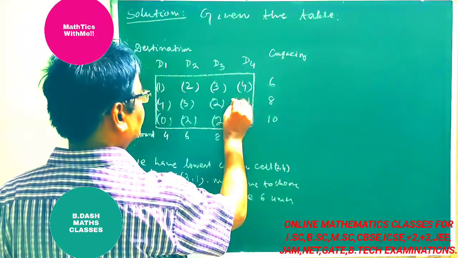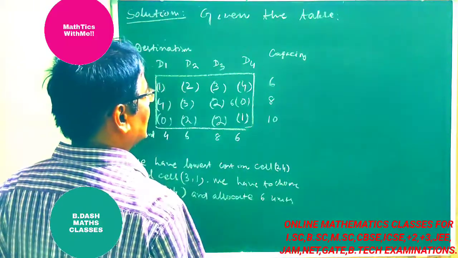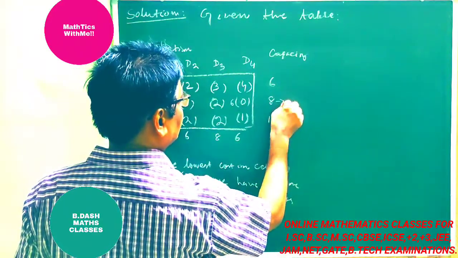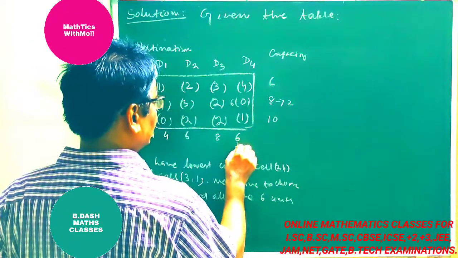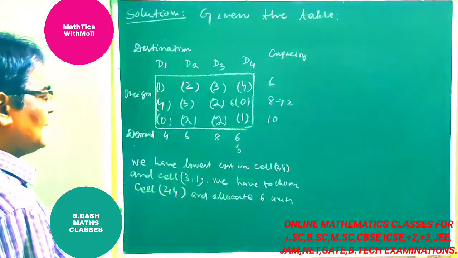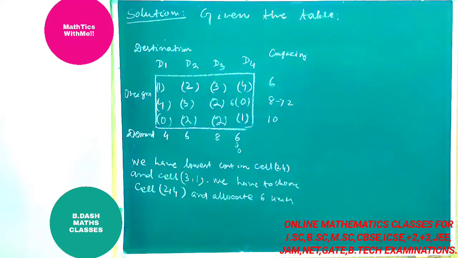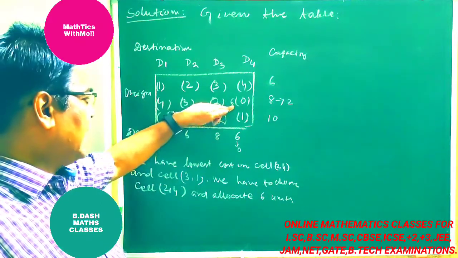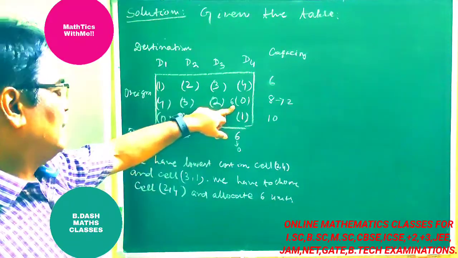So let us allocate 6 here. We are left with 2 units only, and it becomes 0 now. So our first allocation is completed, and the allocation is made in cell 2,4.